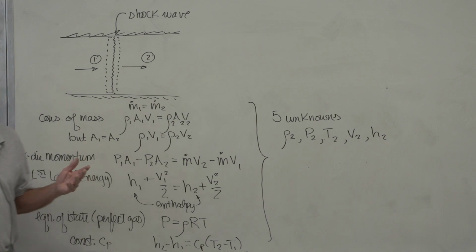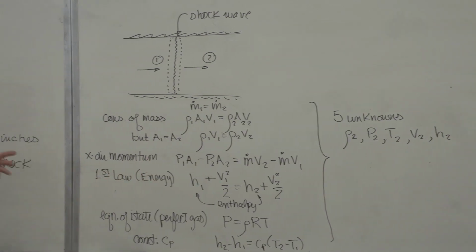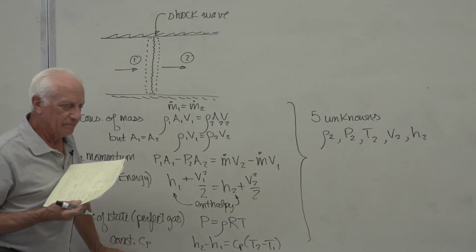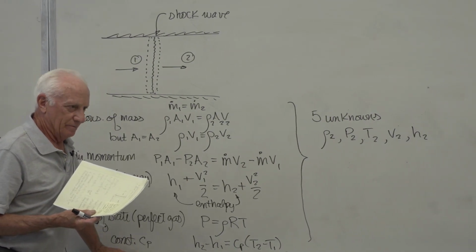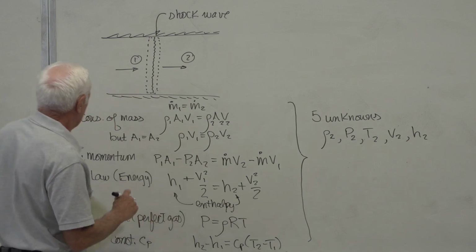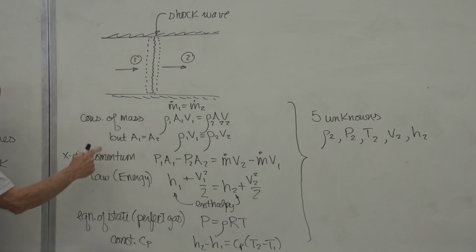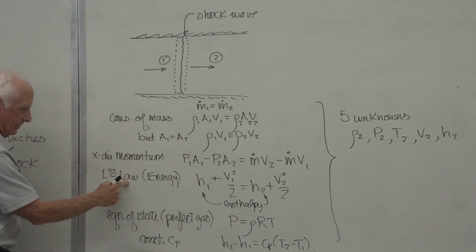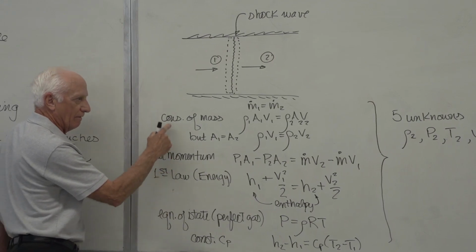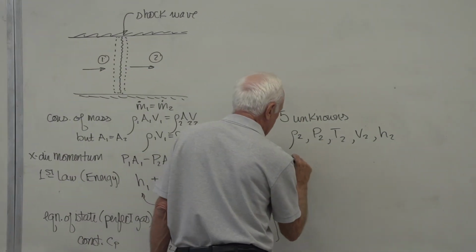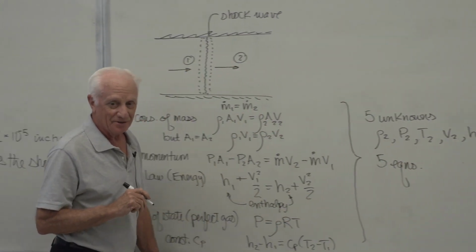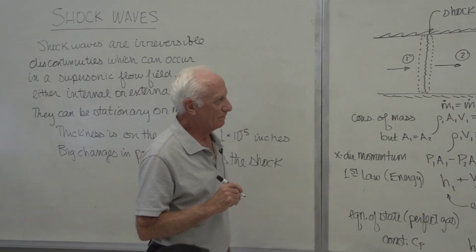You assume the upstream conditions are given, so you assume you know all the subscripts 1: rho 1, T1, P1, H1, V1. The unknowns are the downstream values of those. Conservation of mass, momentum, energy, equation of state, constant C sub P: 1, 2, 3, 4, 5. So the object is to solve those 5 equations for those 5 unknowns.